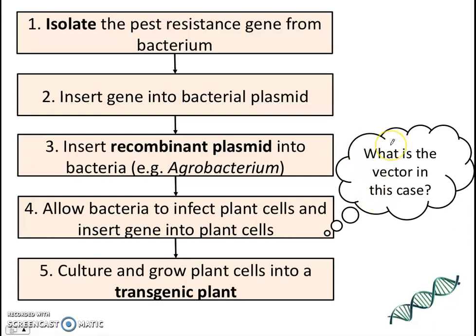Because I put that into my bacteria, which is the recipient organism. In this case, the vector would be the bacteria that infects the plant cell. The vector in this case is not the plasmid, but rather the bacteria, because the bacteria is the one that is used to insert that gene into our recipient organism, which is the plant cell.